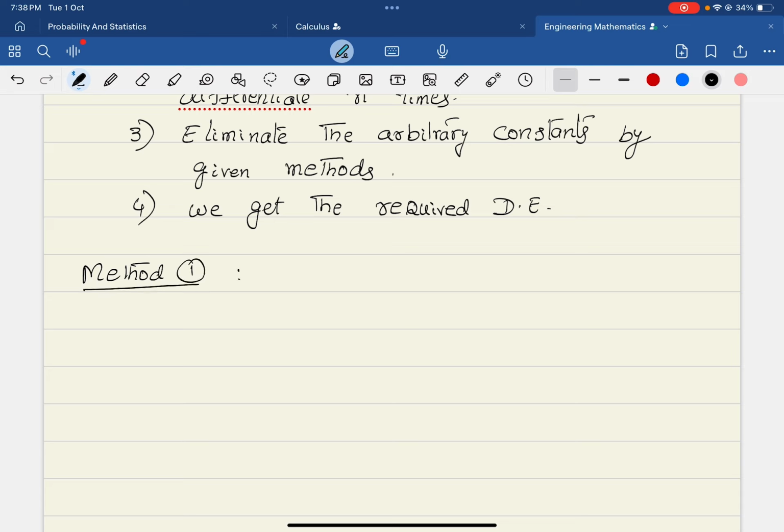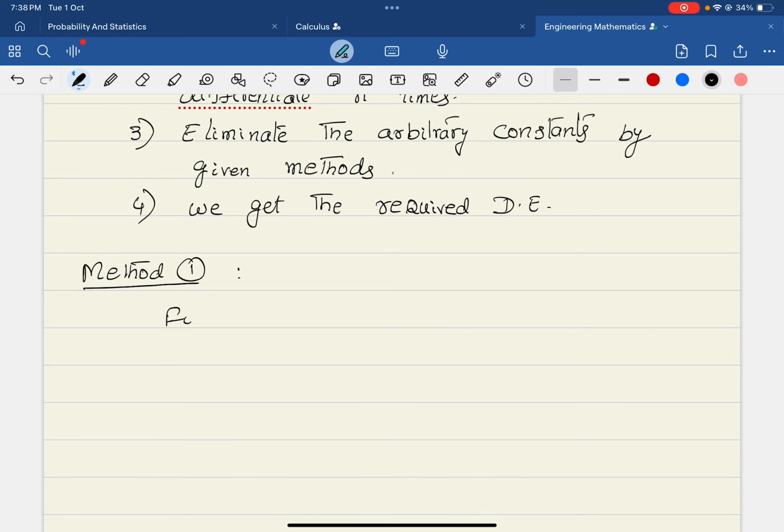By taking a problem, I'll explain. Form the differential equation of the family of curves y is equal to a times sine of (mx plus b). m is a parameter, and a and b are the arbitrary constants.